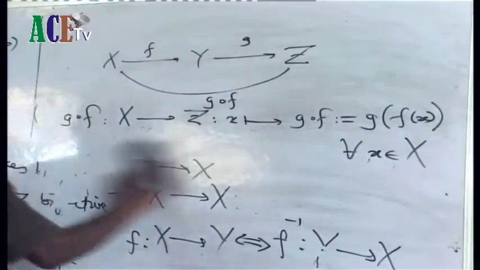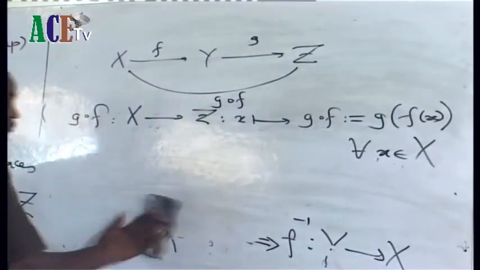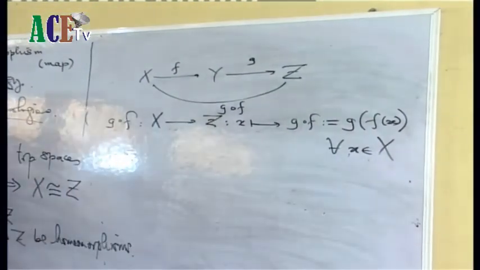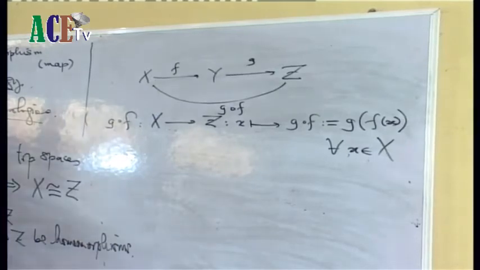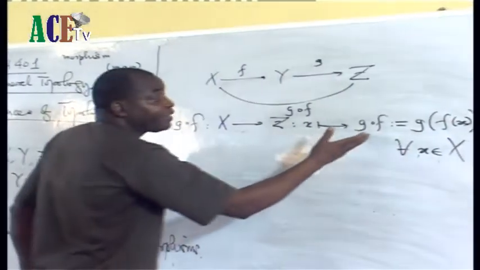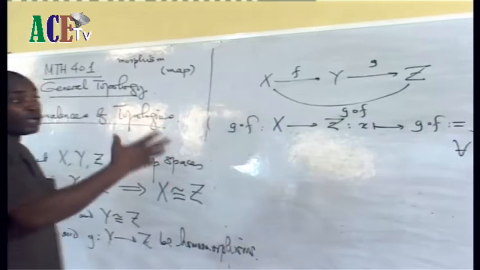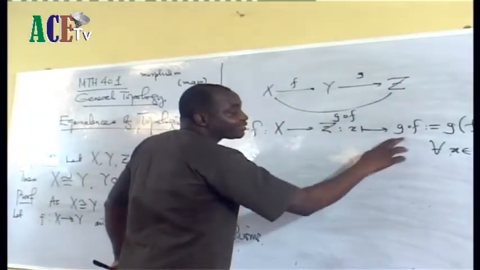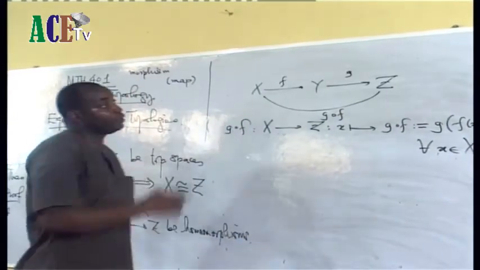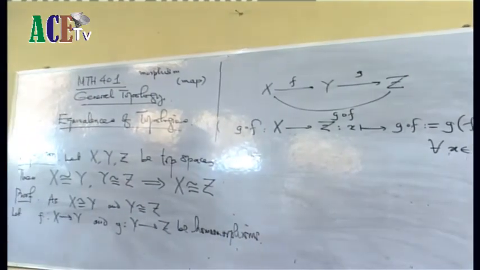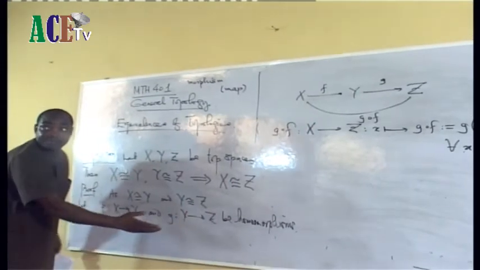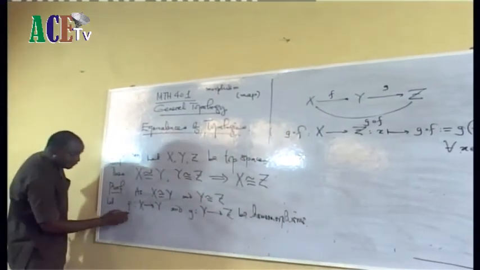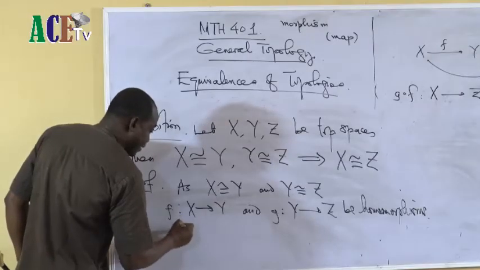Now, we want to see that if this is the composition, we want to also see whether the inverse of this composition will be found. Of course, we know for this to be a homeomorphism, the inverse also will exist. That is, the inverse of this exists.